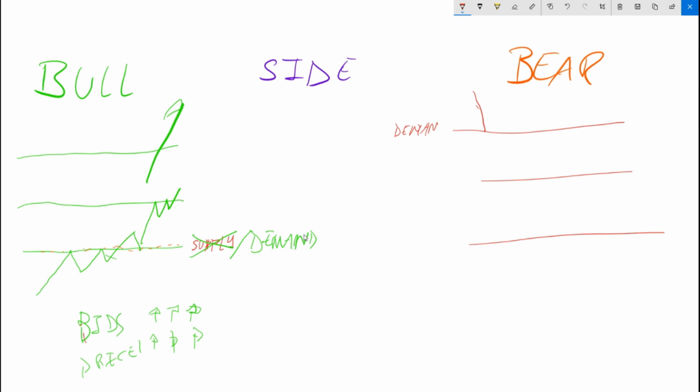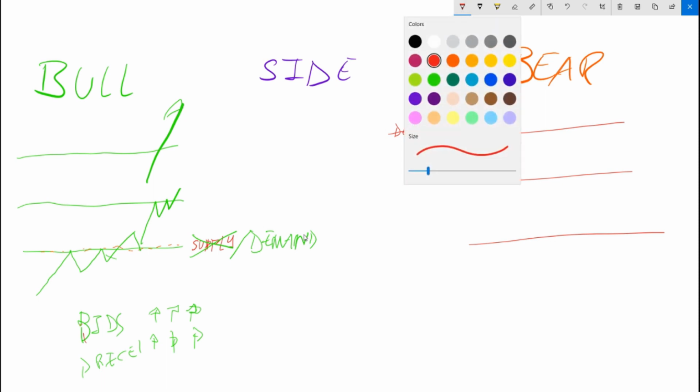Okay, so touch it and react, touch it and react, and go through it. At that moment, all the demand have been satisfied. Now there's only... oh man, I'm using the wrong color here.